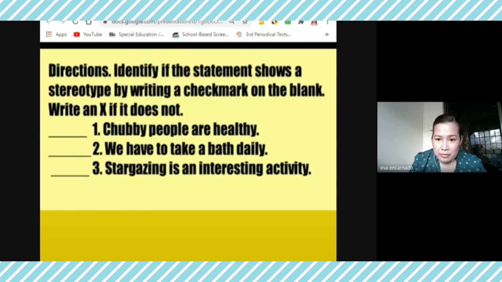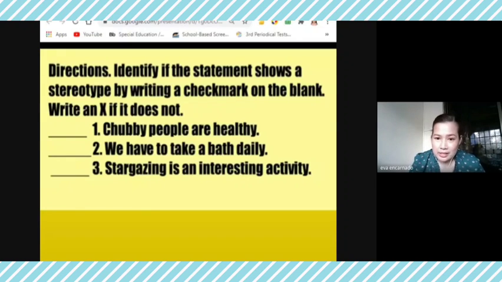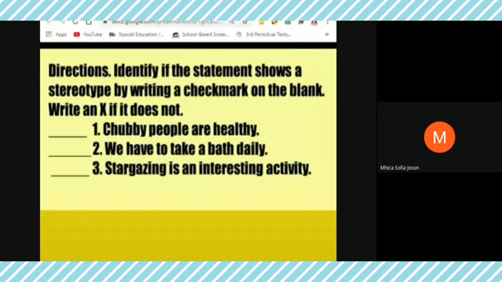Number 2, we have to take a bath daily. Stereotype? No, blanco lang po. No. That's X. Number 3, stargazing is an interesting activity. Do you know what stargazing is? Stargazing is a hobby. Using yung telescope, you are observing the sky, the objects in the sky. Hindi po. Yun ang stargazing.